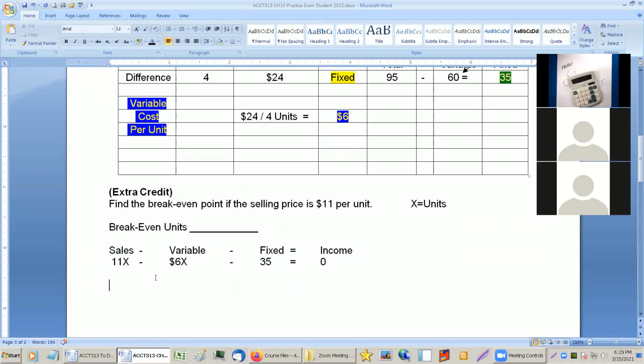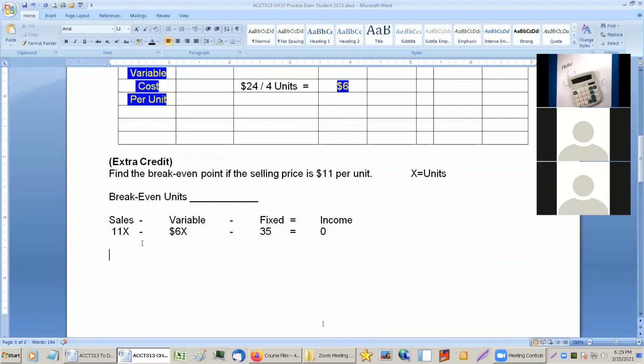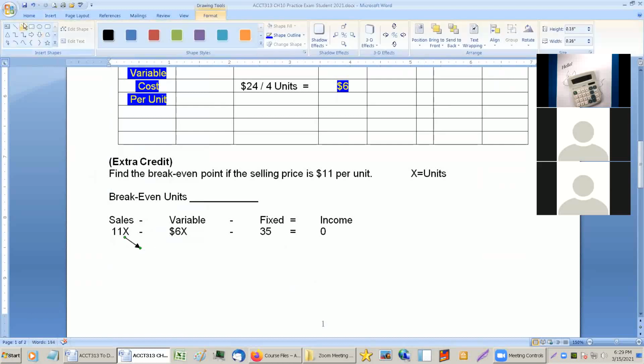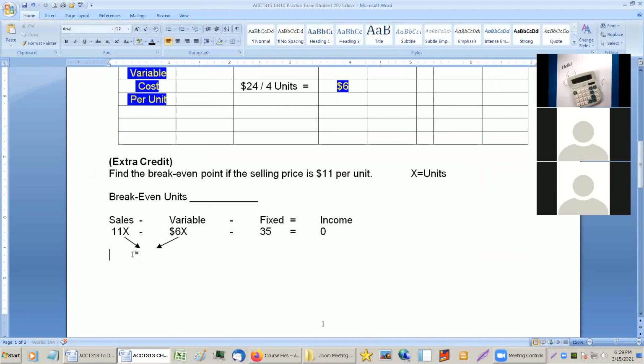Okay, and then we just solve for X. 11X minus 6X is 5X.